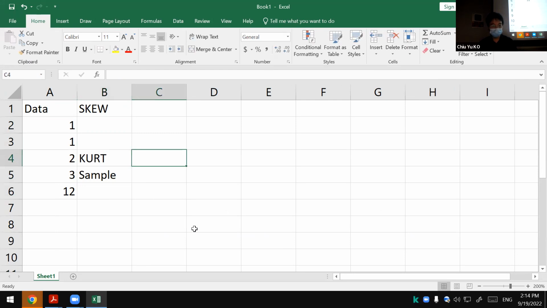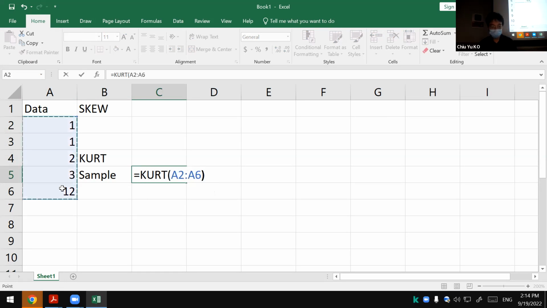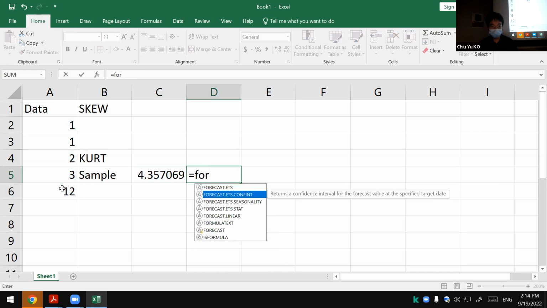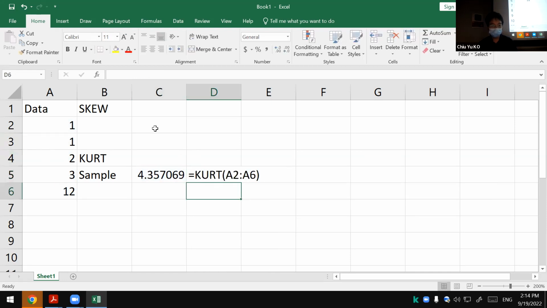So the sample skew and kurtosis will be just this guy. Okay, so this is what we want.